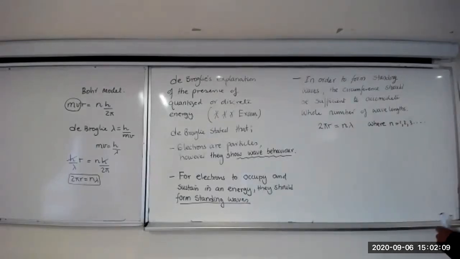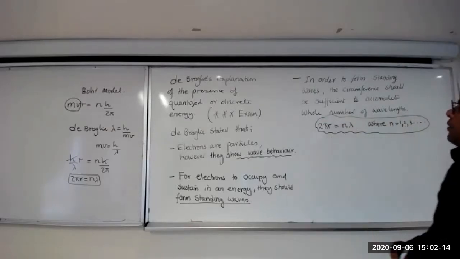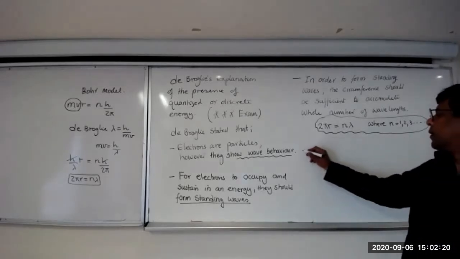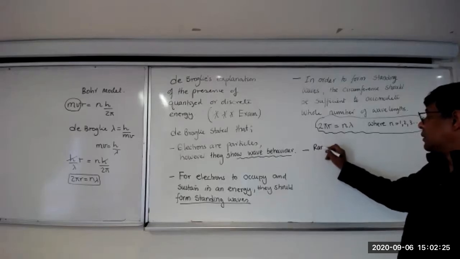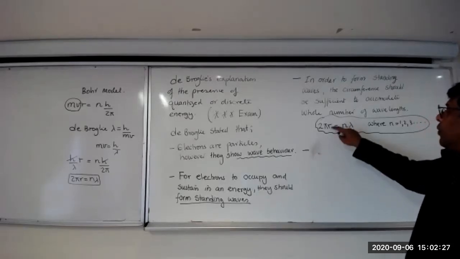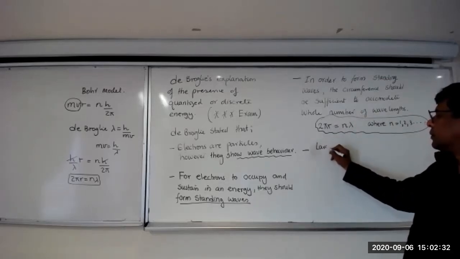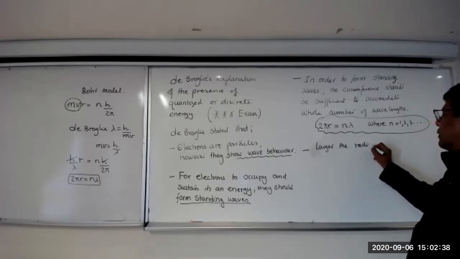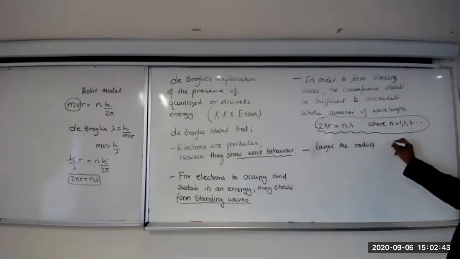So this is another point. Definitely you need to include that in your explanation. Okay? And then you have to say that the larger the radius, when you go for larger radius, the n number increases, the greater the n value.